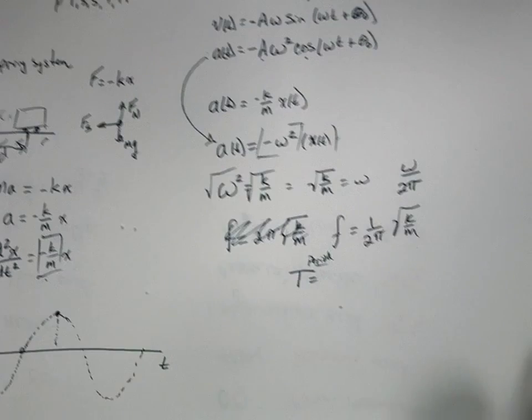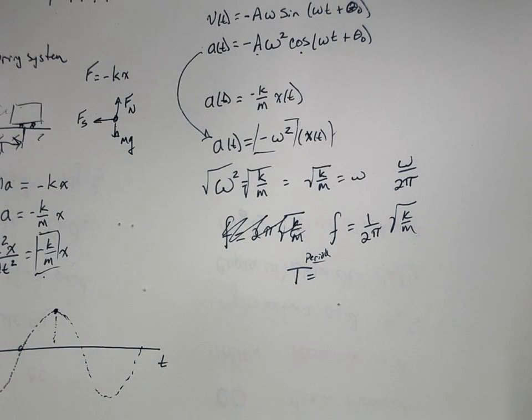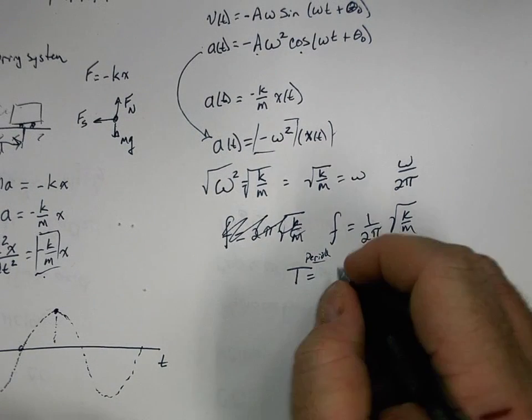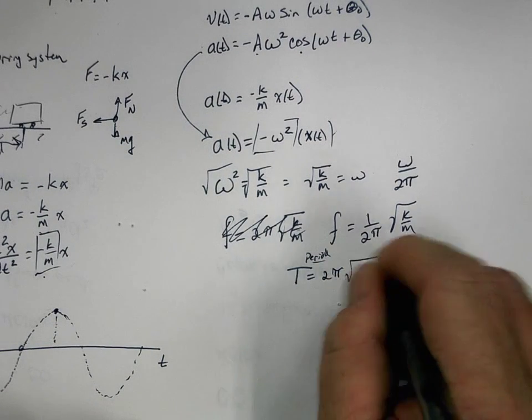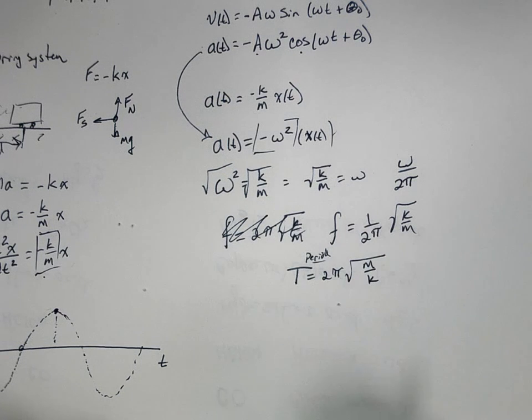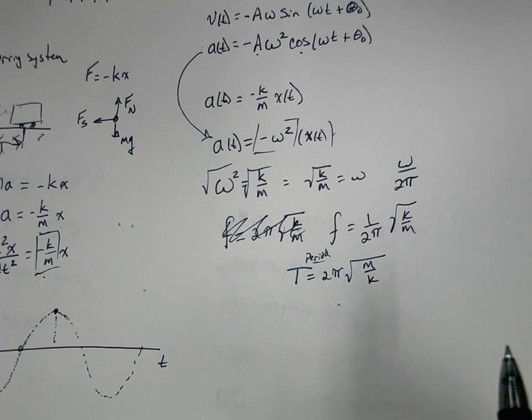Or in other words, the time it takes to go through a complete cycle is then 2 pi root m over k. Okay, and this is the frequency of our oscillation here. All right.